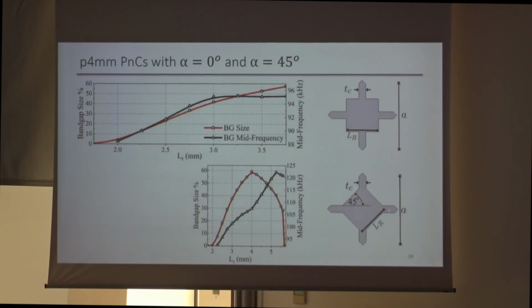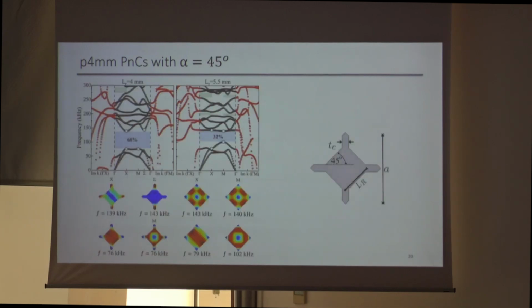But if we rotate our resonator by 45 degrees, and then also keep increasing the resonator LR, at some point we will reach the peak, and then the band gap size will decrease. So why does it happen, right? It's intuitive, because we have larger resonators, so we expect larger band gaps, but indeed no, it shrinks significantly.